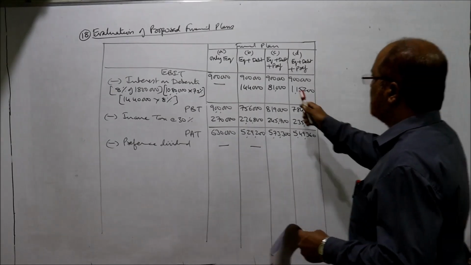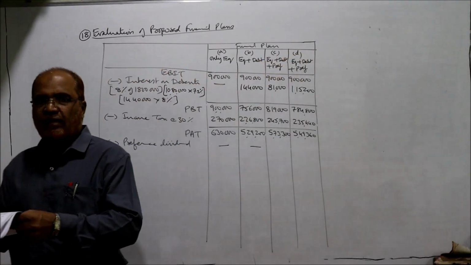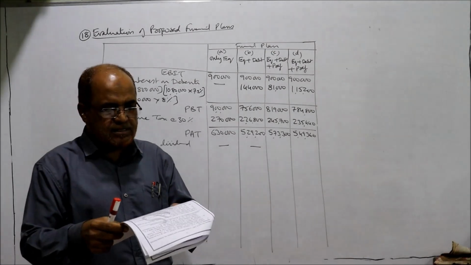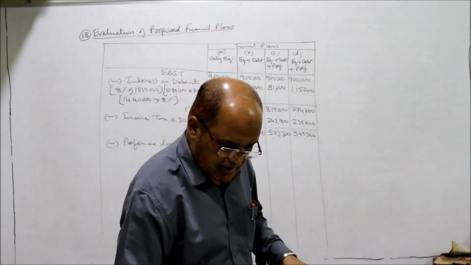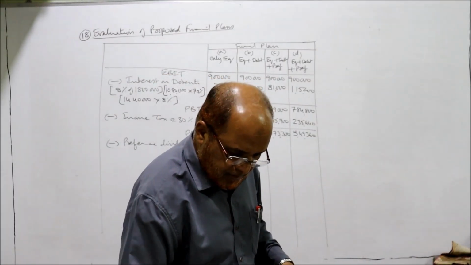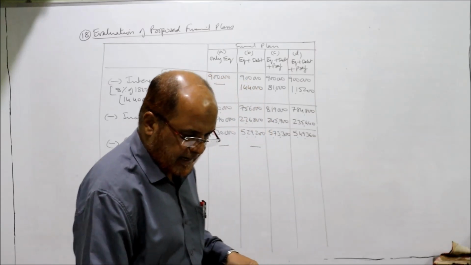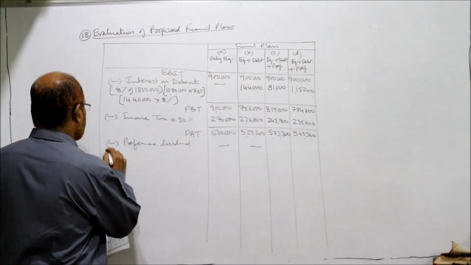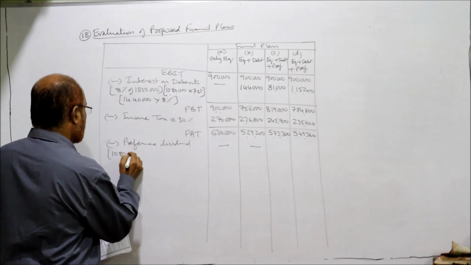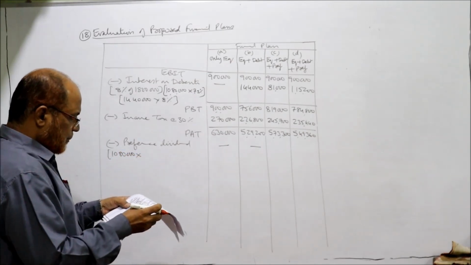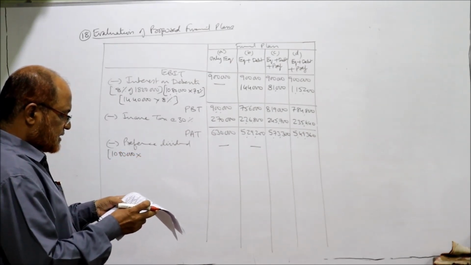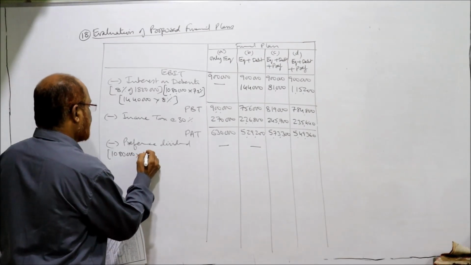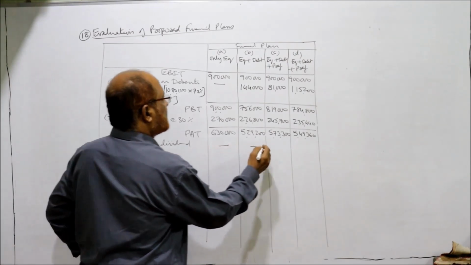Preference dividend in the third plan. In the third plan we have 30% as preference capital. So 36 lakh into 30% you will get 10,80,000, into the preference dividend rate of 10%, 1,08,000.